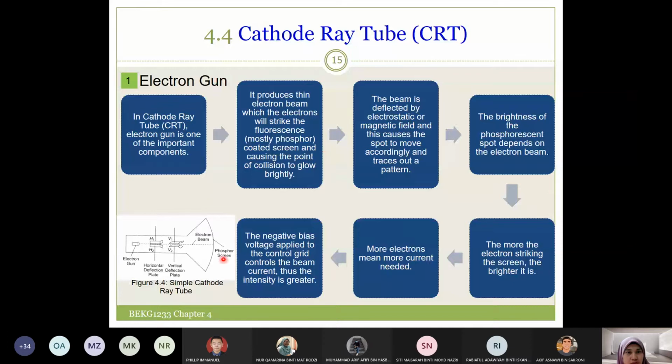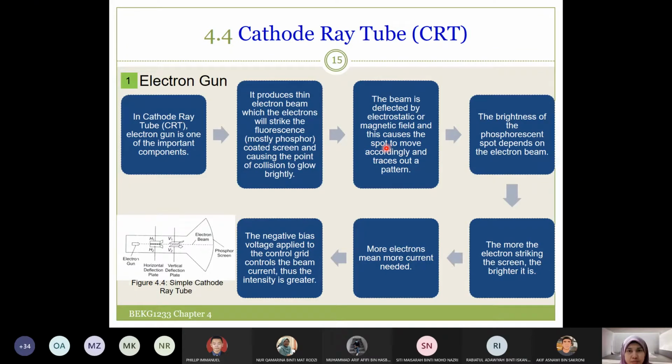Okay, the electron gun, still in the CRT. In the CRT, the electron gun is one of the important components. It produces a thin electron beam, and the electrons strike the fluorescent coated screen. This is the phosphor screen, causing the point of collision to glow brightly.